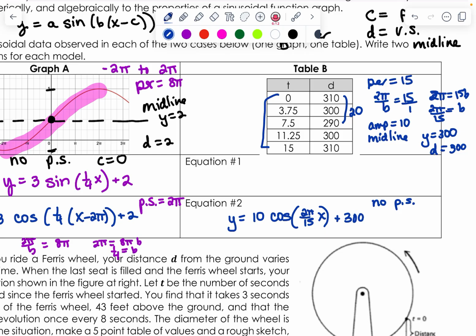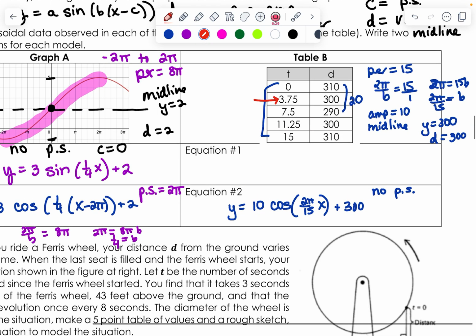Now, if I want to do a sine curve, I've got some options here, okay? If I want to start here, which is in the middle, it's going down. So I would actually have a reflection.